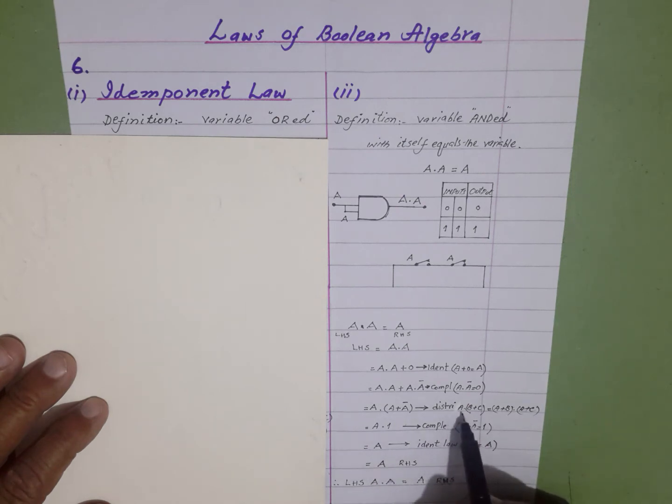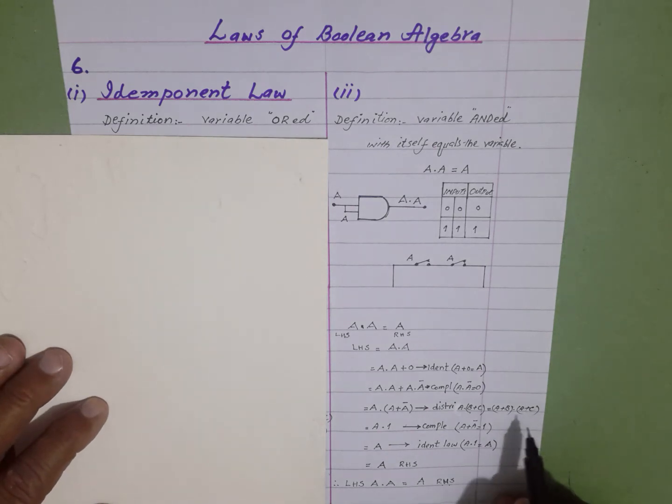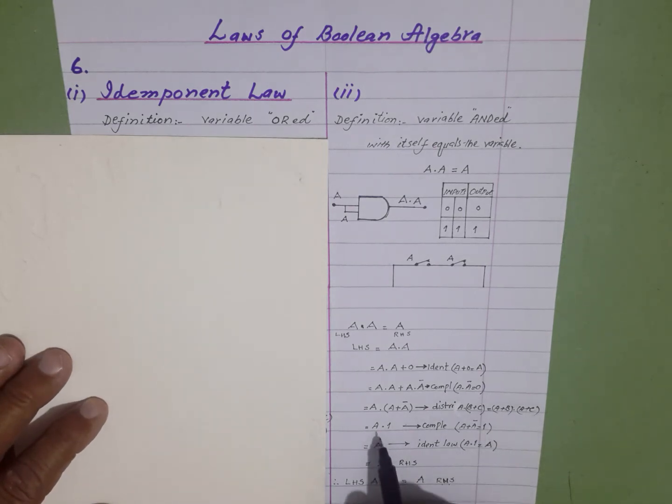This is the distributive law, which we have gone through many times. And finally we can write A dot 1. This is the complement law, and by virtue of the complement law we can write 1 in place of A OR A bar, and so we have written 1.